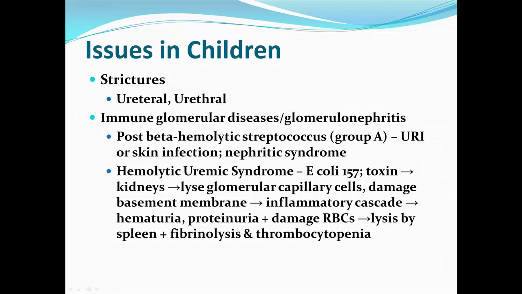Now, ureteral strictures are fairly common in children, and this can be something that a child is born with and then manifests as the child enters their early years, but usually is not something that just happens all of a sudden. With the ureteral stricture, these can either be unilateral or bilateral.